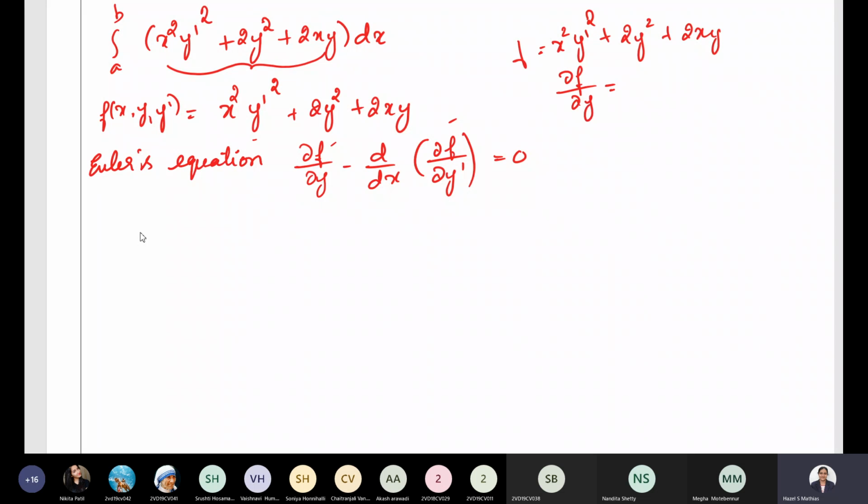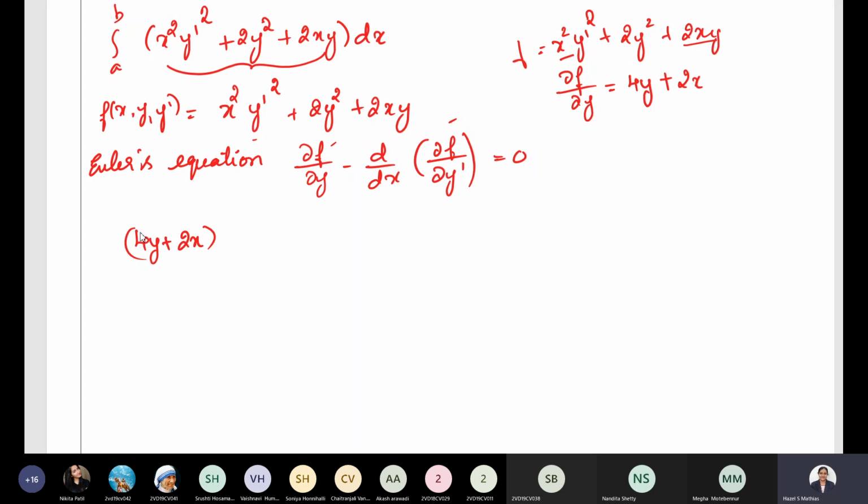The first term will be 0. Then 2y² gives 2 into 2, that is 4y, plus differentiation of 2xy with respect to y is 2x. So ∂f/∂y is 4y + 2x.